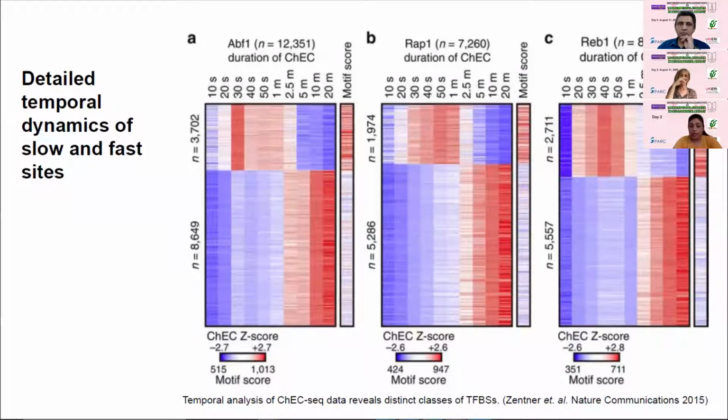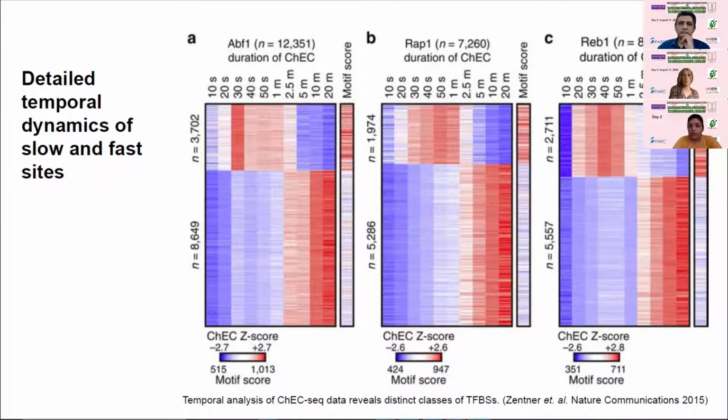So these are the detailed temporal dynamics of slow and fast sites. It basically shows how many sites are coming at which time point in the reaction of the chromatin endogenous cleavage. This plot represents the data for three transcription factors, that is ABF1, RAP1, and REB1.